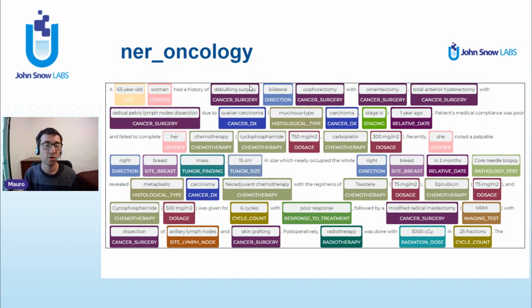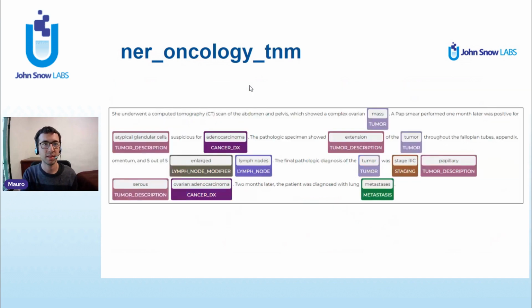So this is a good model if you don't have anything in specific that you want to extract, like treatment in particular or something like that. This is a good model to start working on, because it has a great variety of labels.